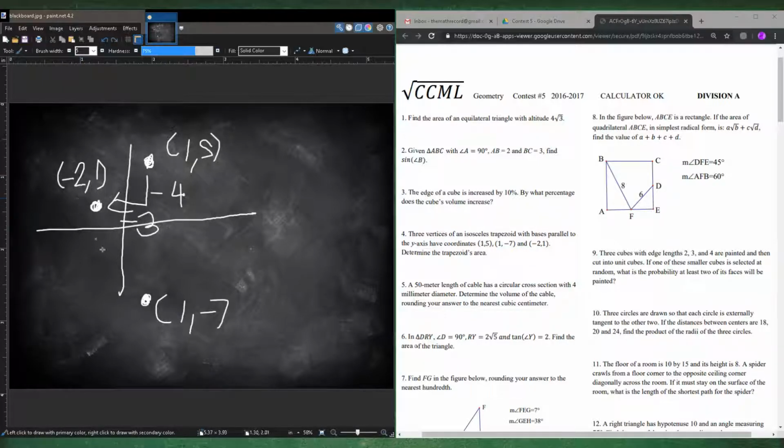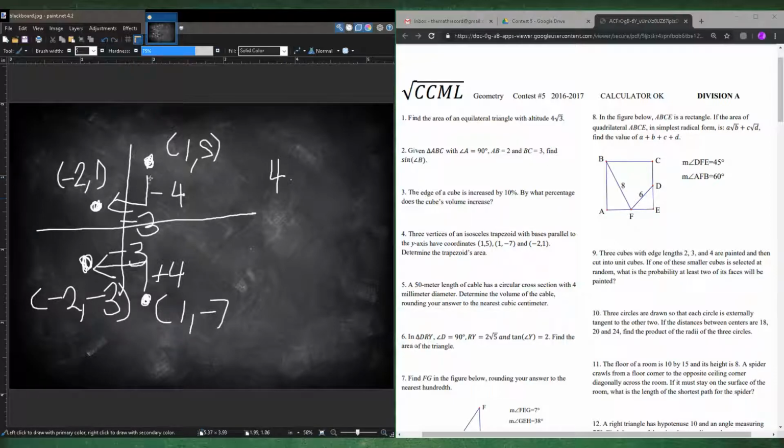So for this one, you have to go this way: add 4, and then subtract 3. So this would be at (-2, -3). So (-2, 1) to (-2, -3) is a distance of 4.